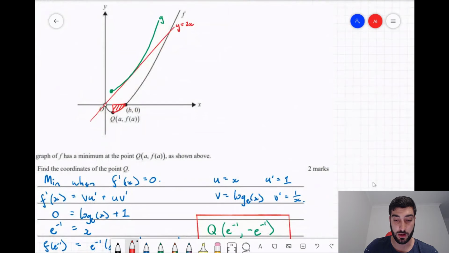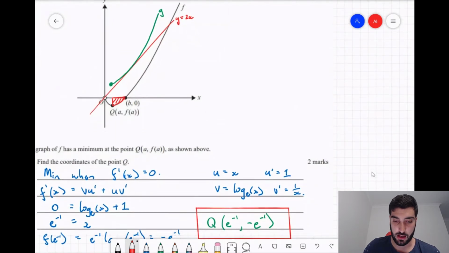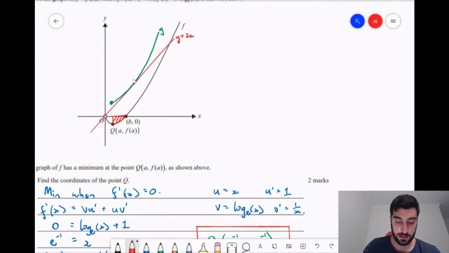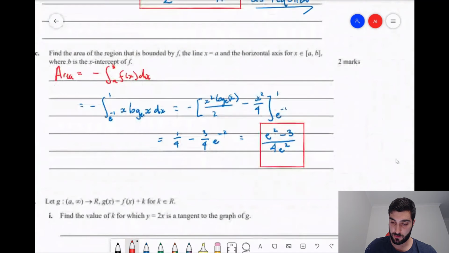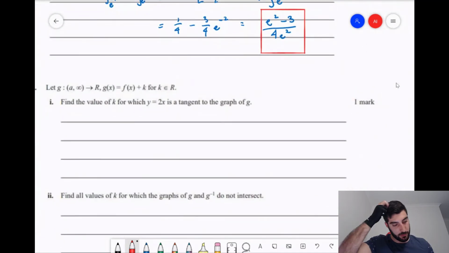So a little bit to digest, getting pretty tricky. Obviously it's one of the final questions on the exam, but you can see that at this point of intersection, the gradients are the same, right? That's what tangent means. So scrolling back down, it's really reliant on using our understanding of tangents and equating the gradients at this point.